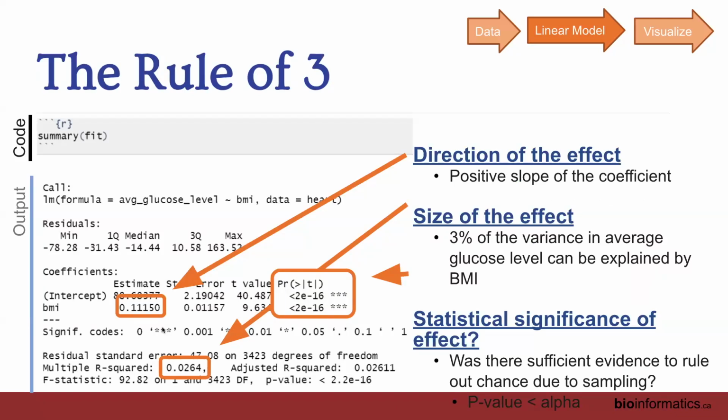So to highlight the 3 important things that we want to look at, the direction of the effect, this is a positive value. So as BMI increases, average glucose is also increasing. The size of the effect, 3% of the variance in average glucose can be explained by BMI. And while this is maybe a small number, this is statistically significant based on these test scores that are returned to us.